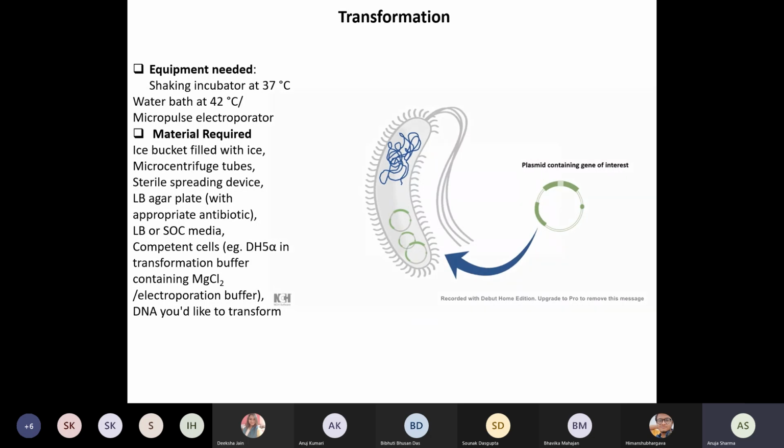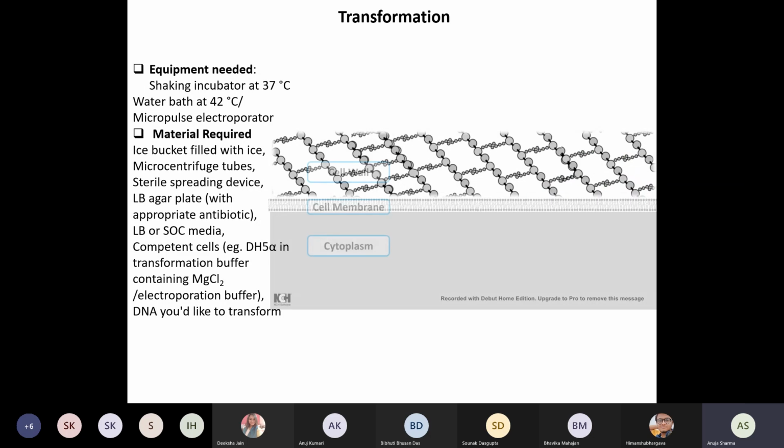The way we do transformation is by creating small pores in the cell wall and the cell membrane by incubating it with divalent cation and a heat shock, which creates transient pores in the membrane, and that allows the plasmid to be incorporated inside the bacteria. Later on, if you give enough time for recovery, the bacteria repair their damage and grow in the media nicely.